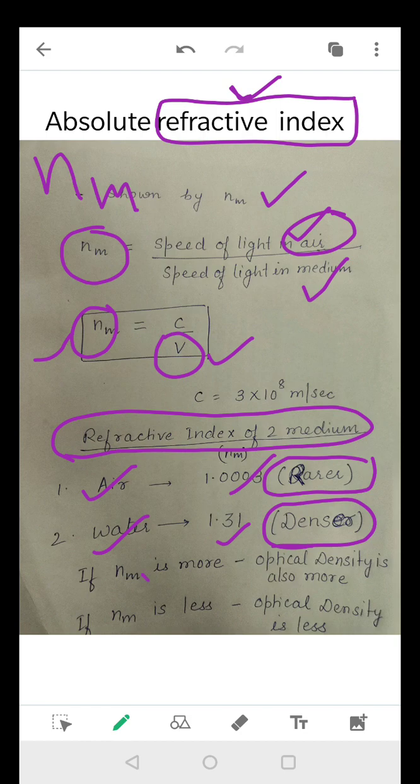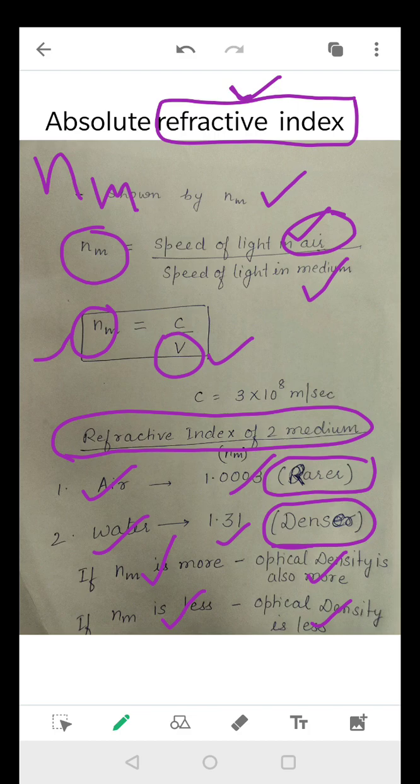So we can say if Nm is more, the optical density is more. If Nm is less, the optical density is less. अगर हमारी Nm की वैल्यू ज़्यादा है, यानी हमारा रिफ्रैक्टिव इंडेक्स ज़्यादा है, तो ऑप्टिकल डेंसिटी भी ज़्यादा है. अगर हमारा रिफ्रैक्टिव इंडेक्स कम है, तो ऑप्टिकल डेंसिटी भी कम है.